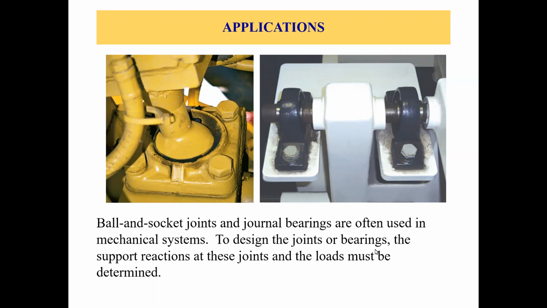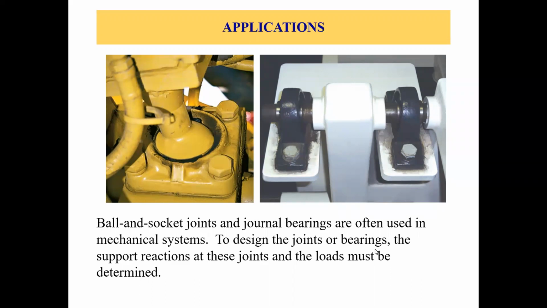So these are 2 examples of a 3D joint or a 3D system or a 3D rigid body, right? So this ball and socket joint, what is it doing? Just by looking at it, we can visualize and see what's going on.